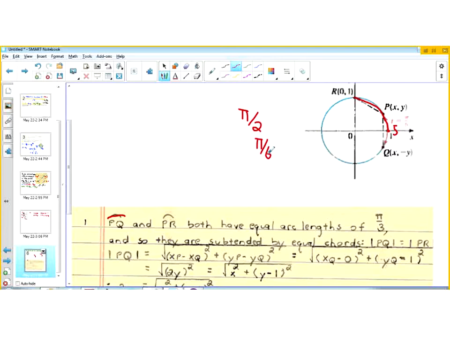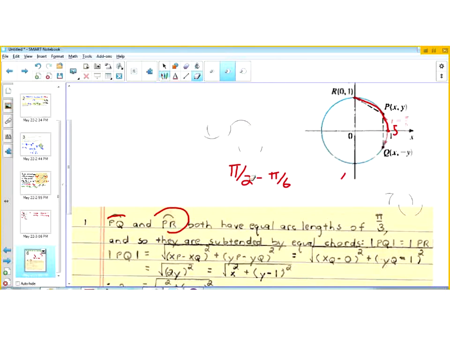So the arc length from P to R would be pi over 2 radians minus pi over 6 radians, which is equal to 2 pi over 6 radians, which is pi over 3 radians. So that's how we know PR, just by doing the subtraction of lengths.